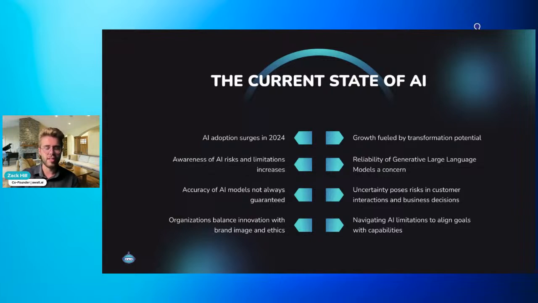This uncertainty poses significant risks when AI-generated responses directly impact customer interactions or critical business decisions. Rapid AI adoption is forcing organizations to balance innovation with the critical need to maintain their brand image and ethical standards. As we embrace AI, we must also navigate its limitations carefully, ensuring that our goals align with its capabilities.